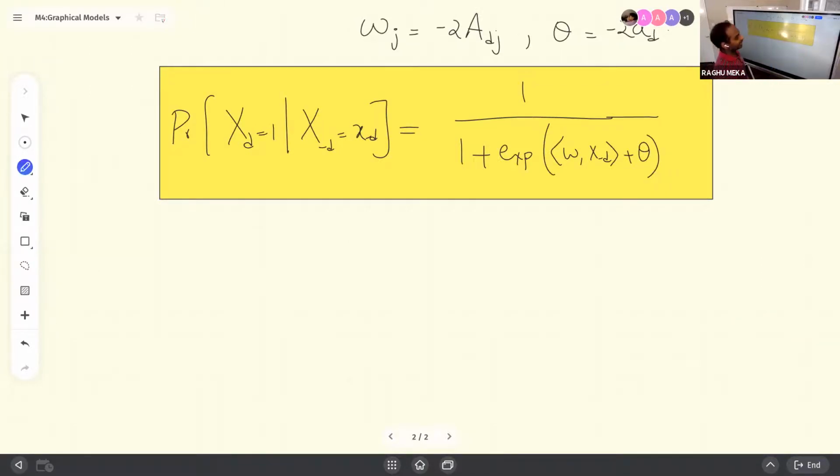And what is this guy? What is this function? 1 by 1 plus e to the z. Isn't this from logistic regression? Exactly, right? So it's a sigmoid function.